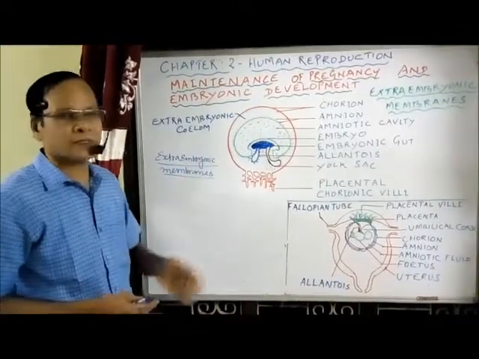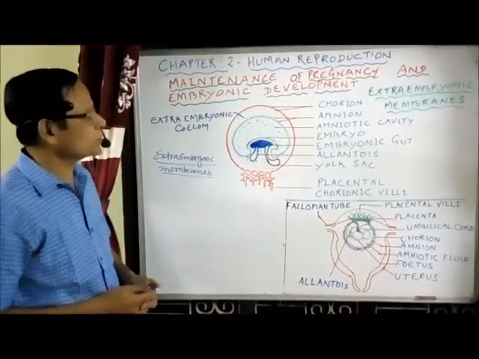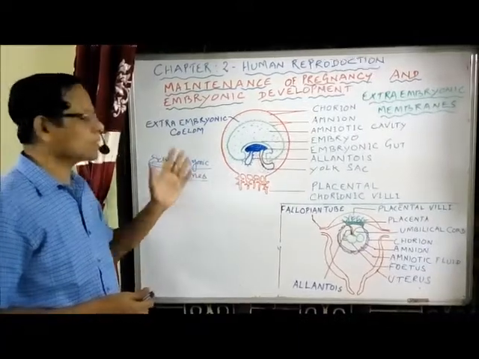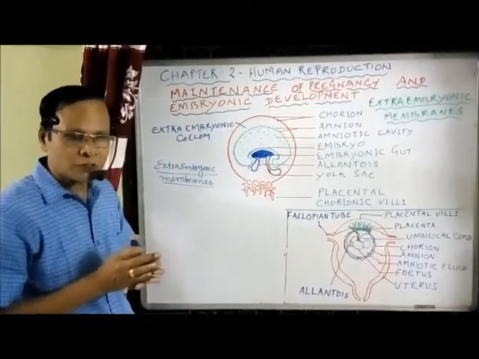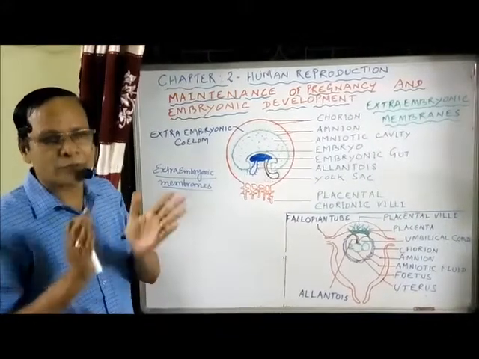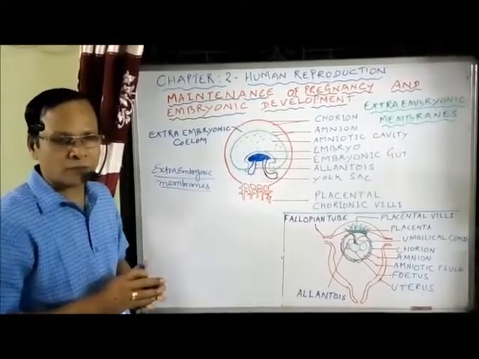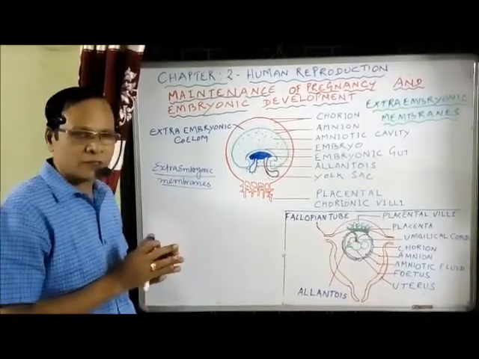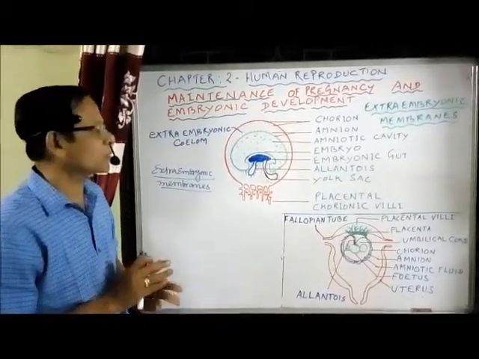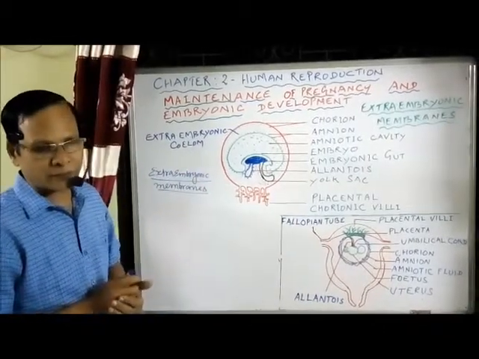Before studying pregnancy, first we have to know what extra-embryonic membranes are. They are those membranes present outside the embryo, not within the body of the embryo or the fetus. So those membranes present outside the body of the embryo are called extra-embryonic membranes.